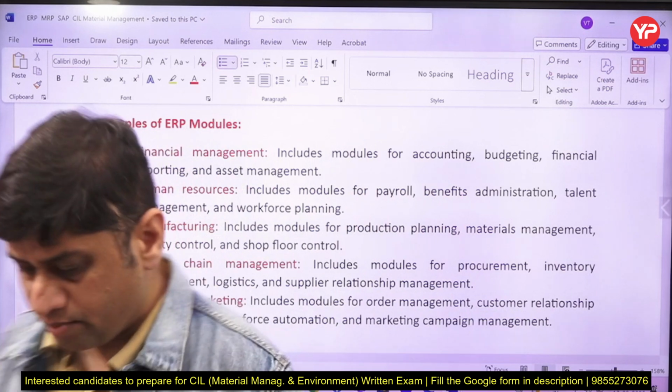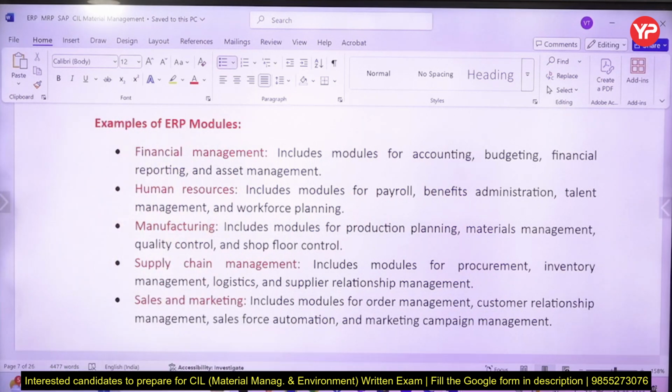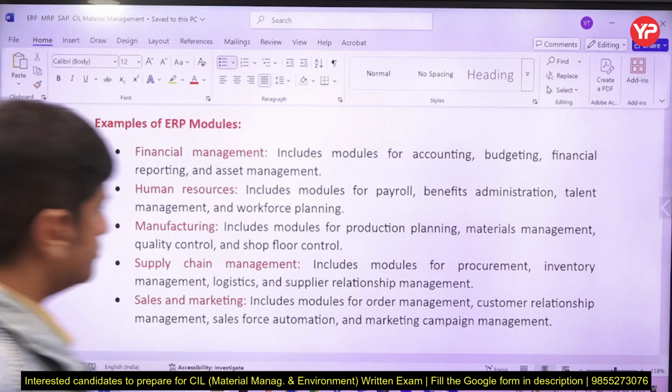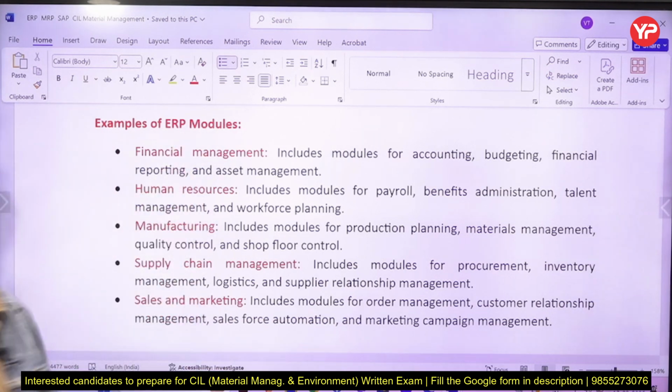Like for financial management, there is a module. Human resource management, there is a module. Payroll, benefit, administration. For manufacturing, there is a module. Supply chain management, there is a module. Sales and marketing, there is a module. So for every activity of the organization, there is a module. That is something which is very important.